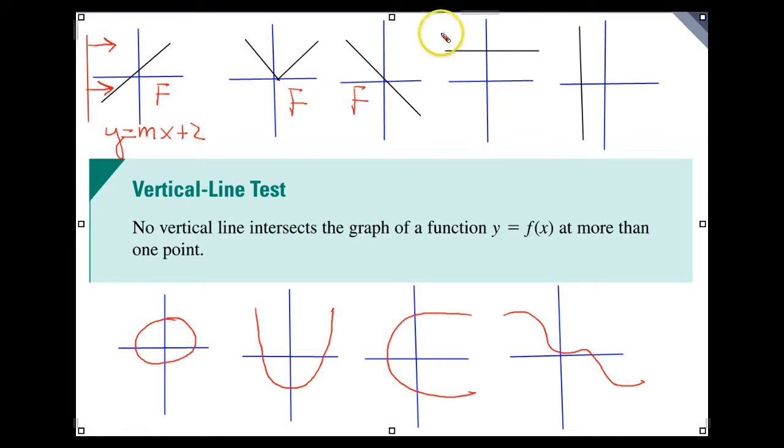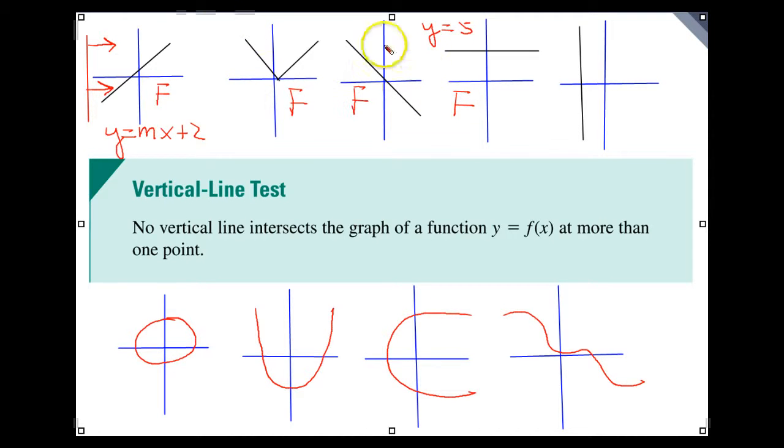How about this horizontal line, which would be like y equals 5? Does this pass the vertical line test as we move this red line over the black line? Does it intersect only once as you move it across? Yes, this is a function.